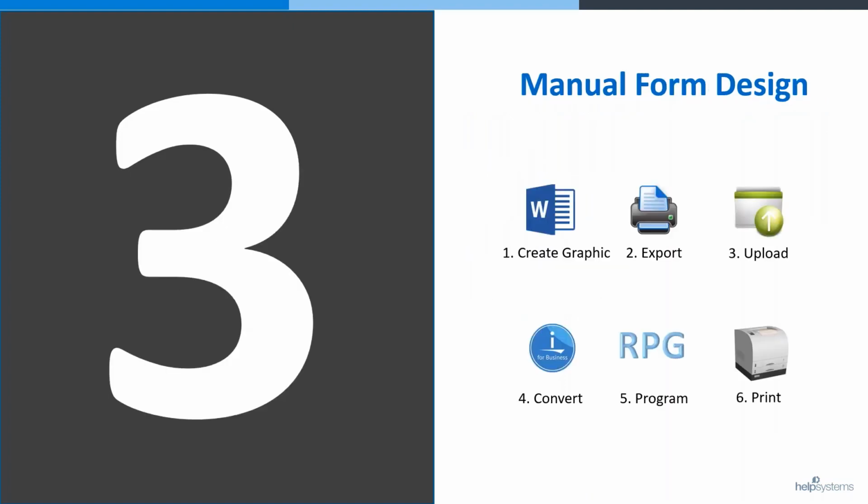And last of all, the manual forms design process, right? There are multiple steps inside of here. The process for creating AFP forms is highly manual. In fact, you need to create a document, export it, manually convert it to a form overlay, and print it using an RPG program on the IBM i.